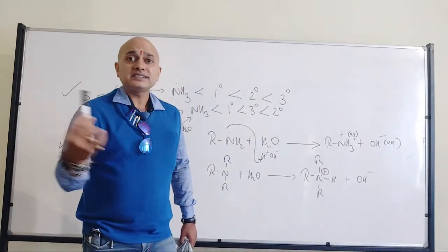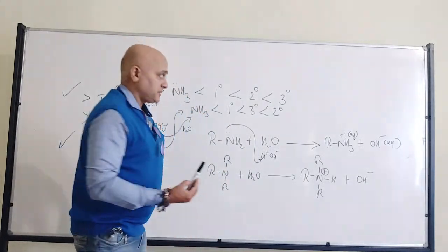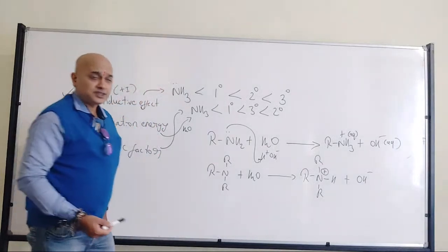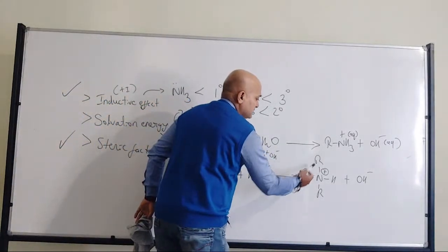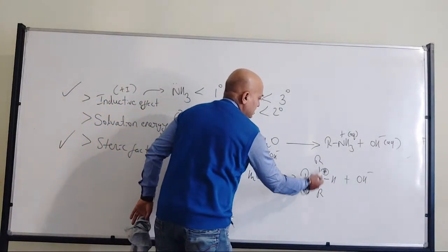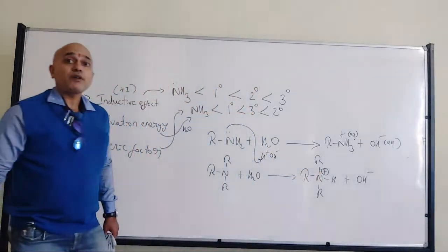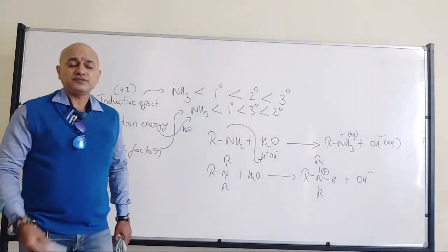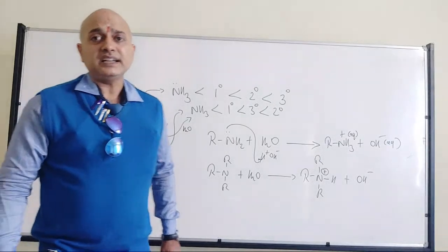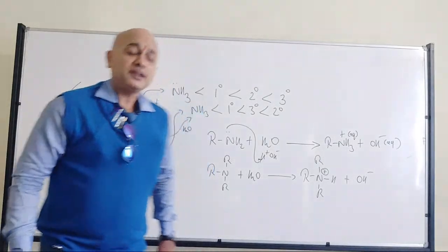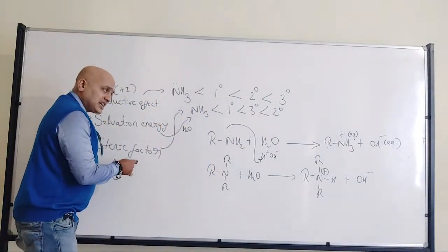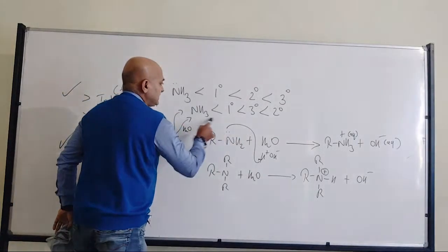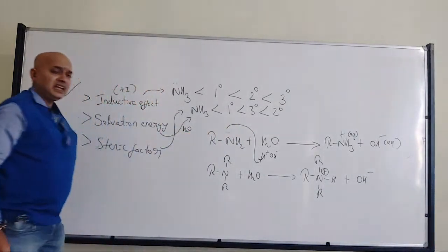How much space is there around the nitrogen? Since tertiary amines are surrounded by three bulkier groups, they will provide less space for the attacking reagent, that is the electrophile. So even if I go with the steric factor, this will be the condition.